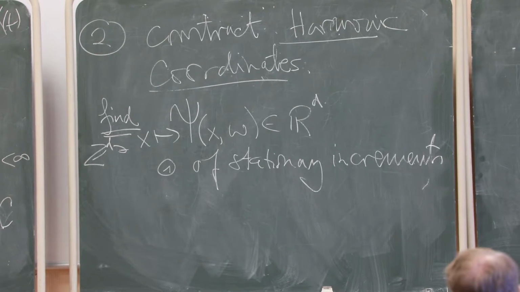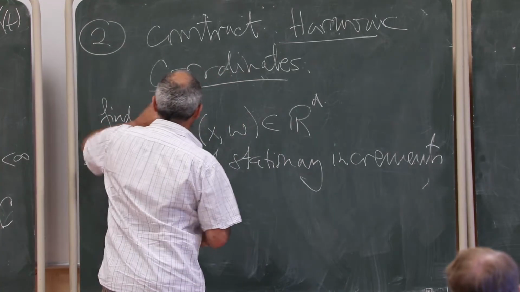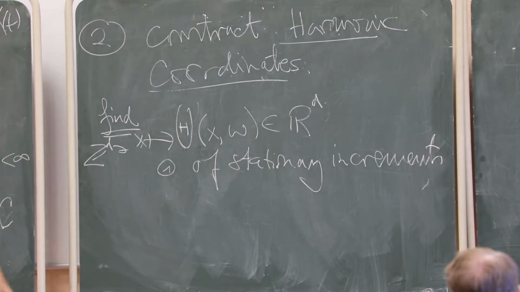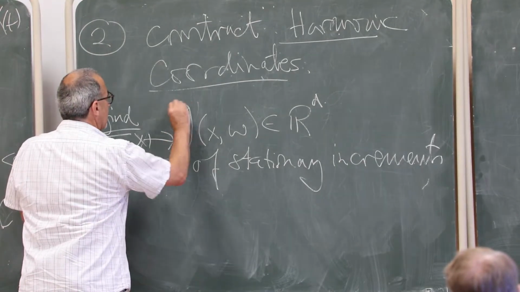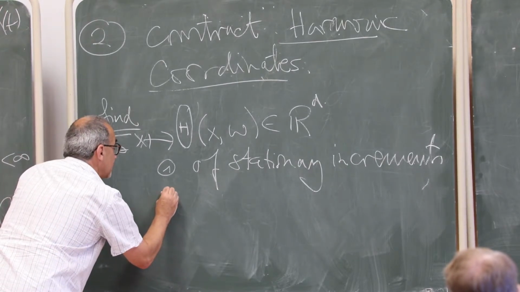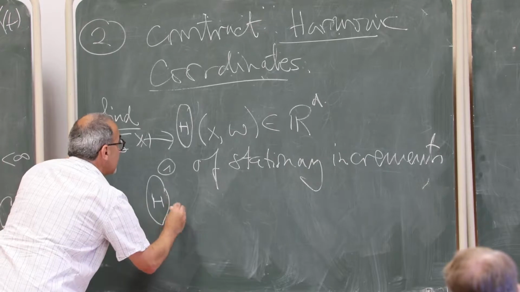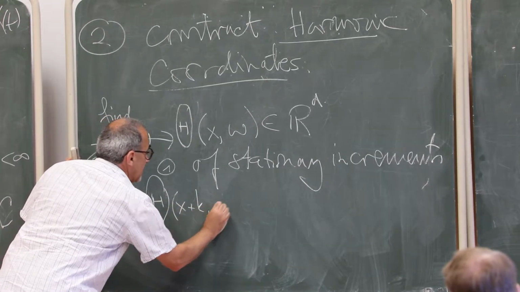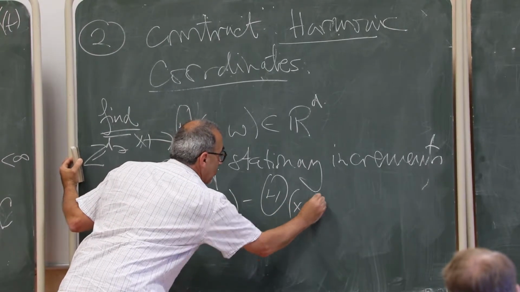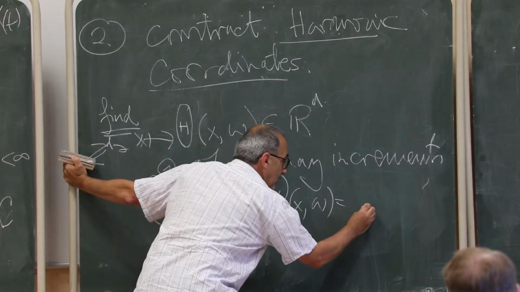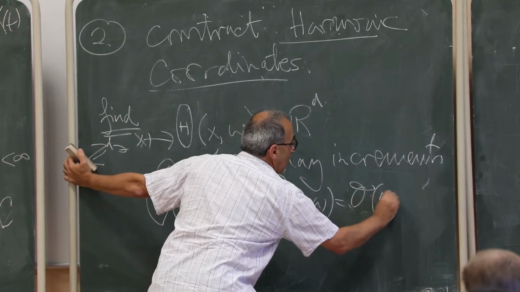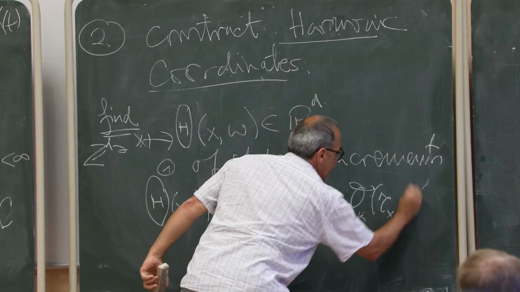No, I denoted this one in my paper not phi, but capital theta. This is a capital theta, and its gradient will be called the lowercase theta, such that capital theta of x plus k, omega, minus capital theta of x, omega, be a lowercase theta of tau x k of tau x omega.